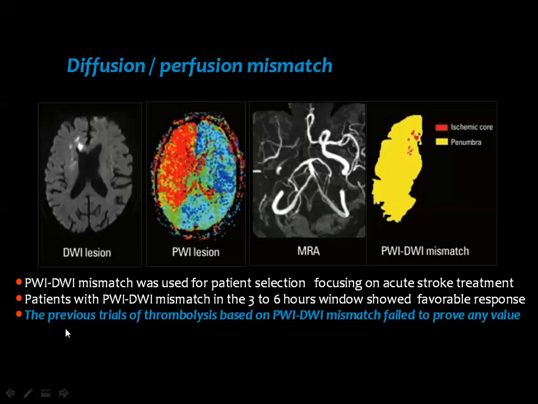Then this statement is very valuable. The previous trials of thrombolysis based on perfusion diffusion mismatch failed to prove any value, meaning that if you see that there is an ischemic area here, but the perfusion map showed that the lesion is very big, and based on this finding, you start to do maneuvers to save this area and to limit the ischemia to this particular area seen on the diffusion weighted images.